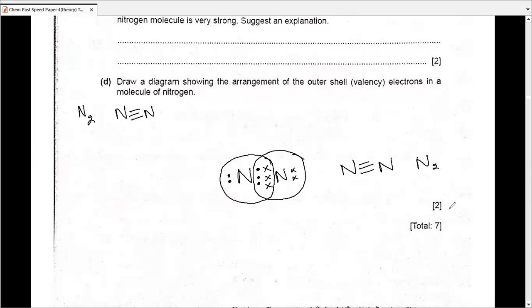Then this. 2 marks for all three steps. If you had done it in the exact same way, that's fine. If you have added this and this to the final diagram, then that's also fine. Yes, sir, I did that. Good. That's good enough. Can we move forward? Yes, sir.